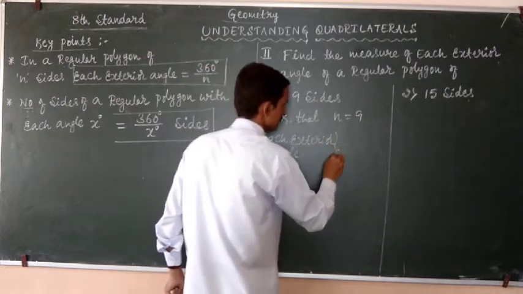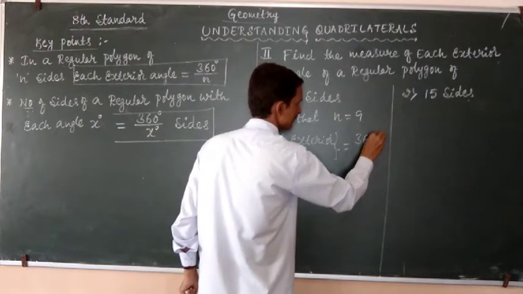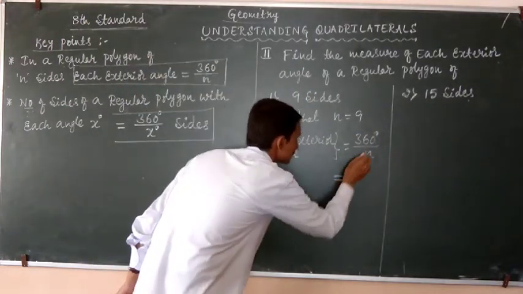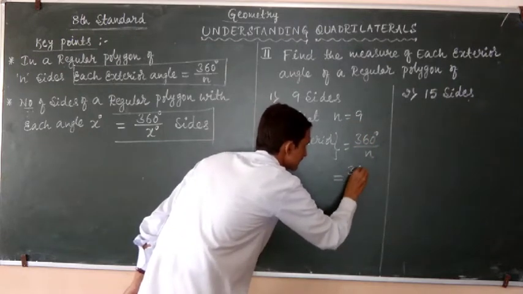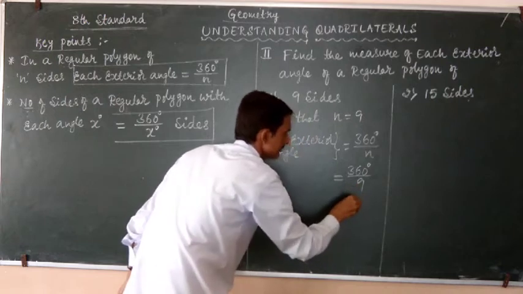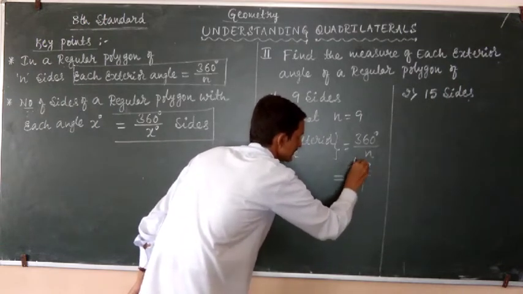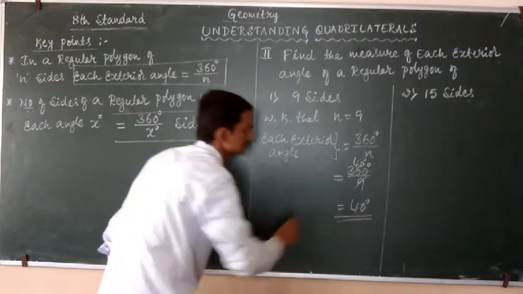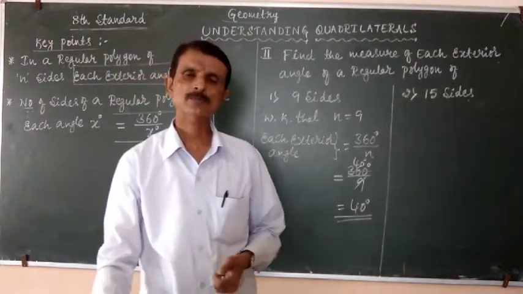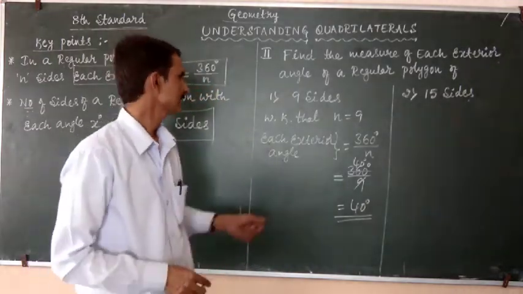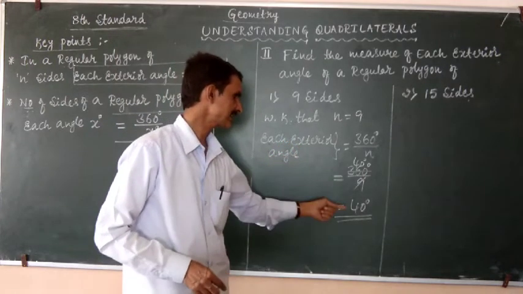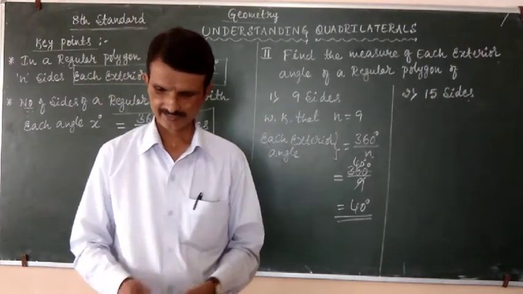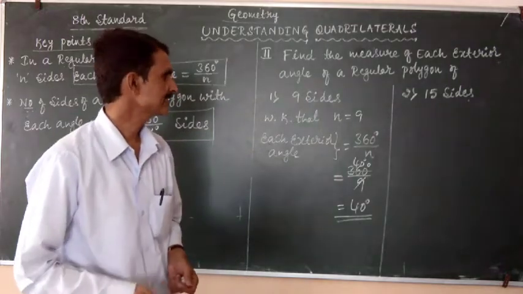Substitute the value of n: 360 degrees by 9. 9 fours are 36, so it will be equal to 40 degrees. Therefore, for a regular polygon having 9 sides, each exterior angle is equal to 40 degrees.